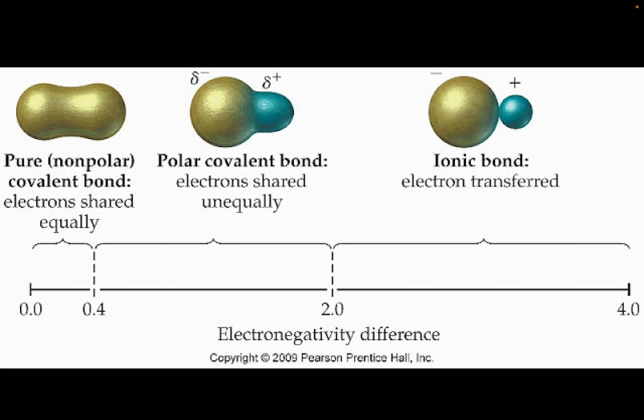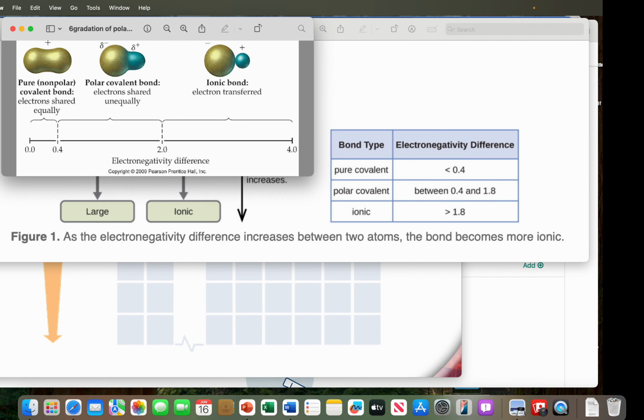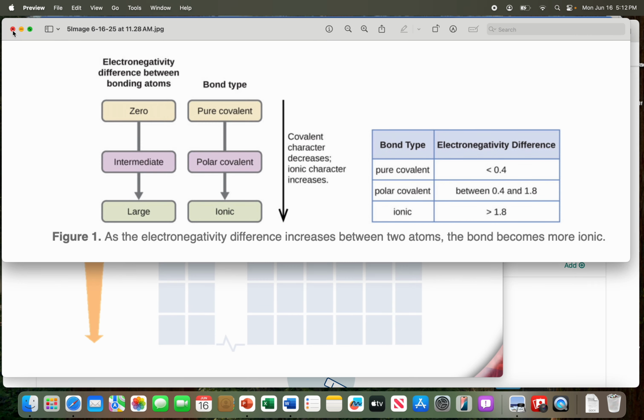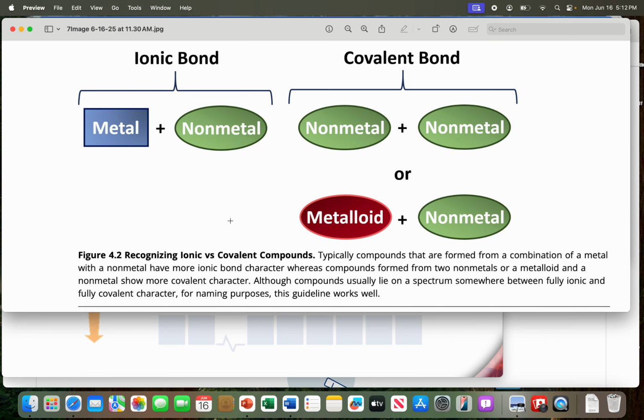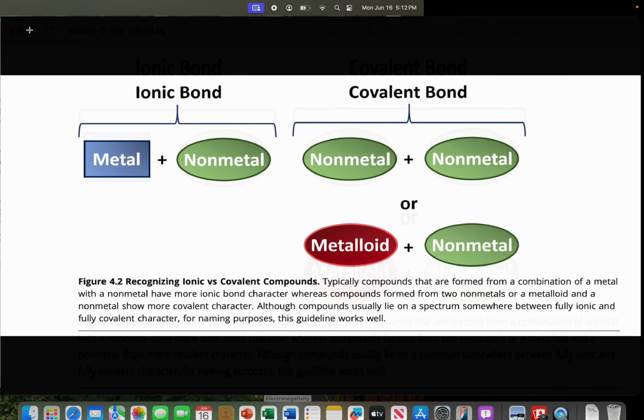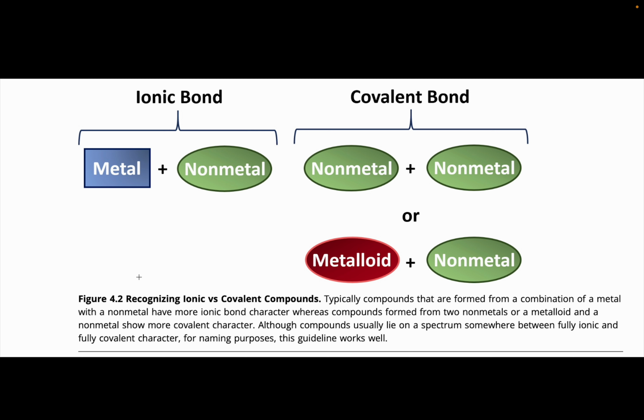But we haven't strictly covered that, so I'm going to reduce this to our current level of understanding and define covalent and ionic compounds this way. Here's your answer. If you have a metal plus a nonmetal, that's an ionic compound.